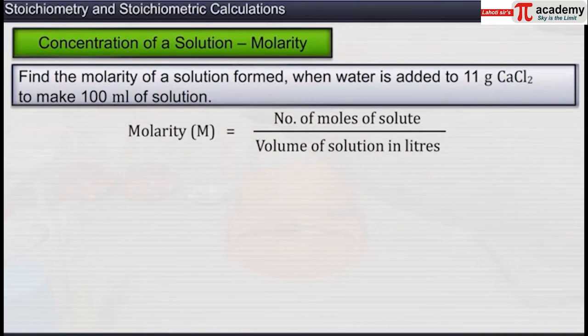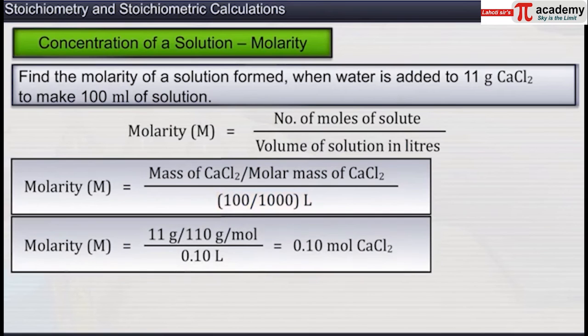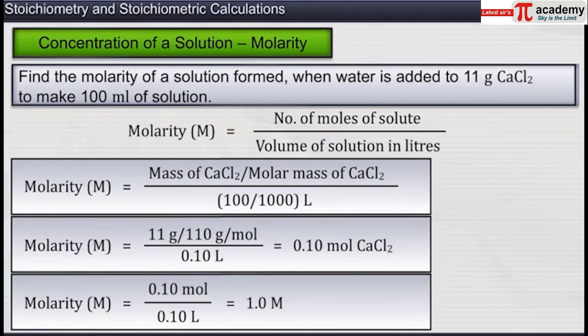To find the number of moles of a solute, we need to divide the mass of calcium chloride by the molar mass of calcium chloride and need to convert 100 milliliter solution into liter. By applying the formula for molarity, we get the molarity of the solution as 1.0 M.